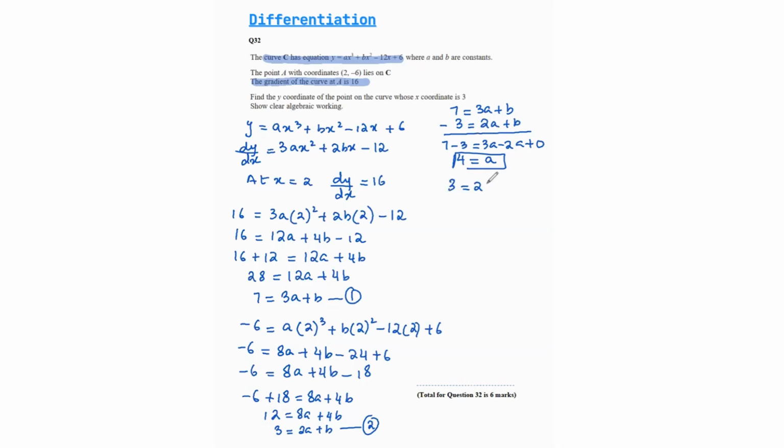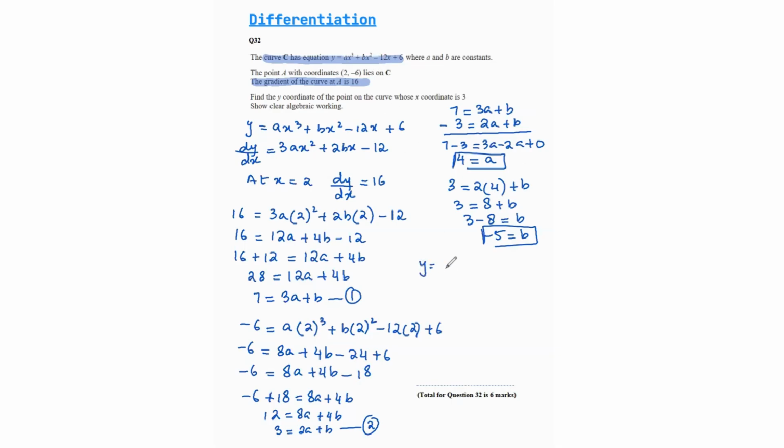3 equals 2 times 4 plus B. 3 equals 8 plus B. 3 minus 8 is B, and that's -5. Now that we have the value of A and B, we can plug it in the curve equation, substitute the value of x, which is 3, and find the y coordinate.